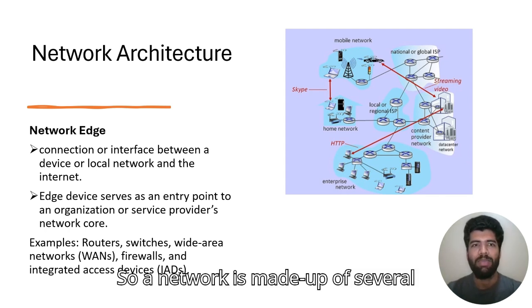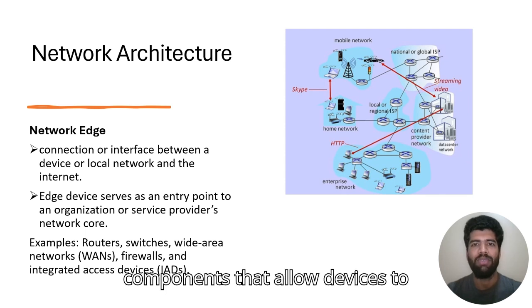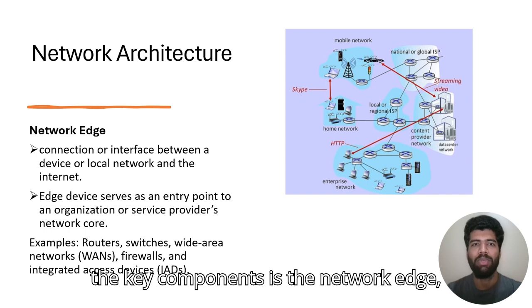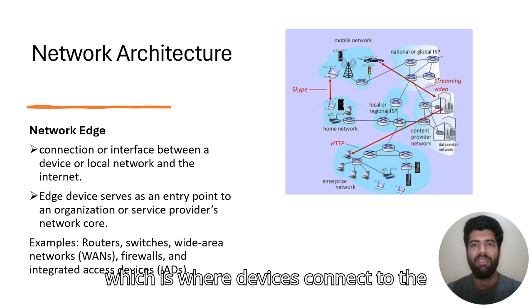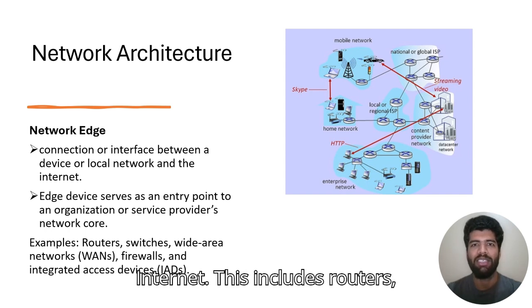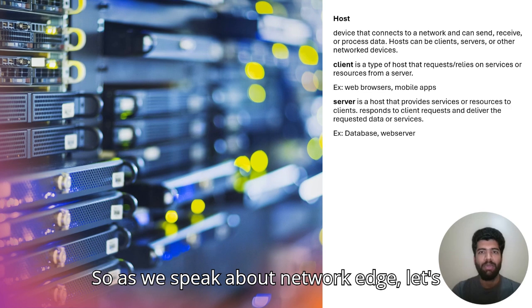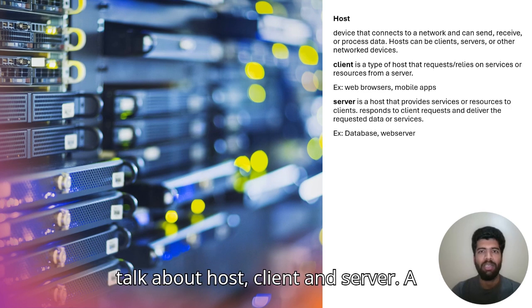A network is made up of several components that allow devices to communicate and share information. One of the key components is the network edge, which is where devices connect to the internet. This includes routers, switches, and firewalls. As we speak about the network edge, let's talk about hosts, clients, and servers.